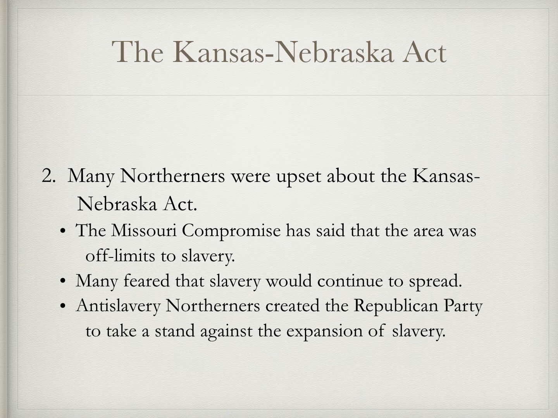And so what we're going to see is a lot of these individuals who are against the expansion of slavery are going to create a new political party, the Republican Party, which was formed in part to take a stand against the expansion of slavery.